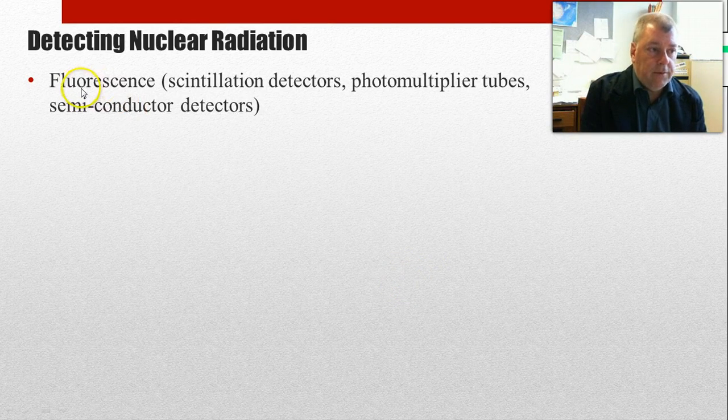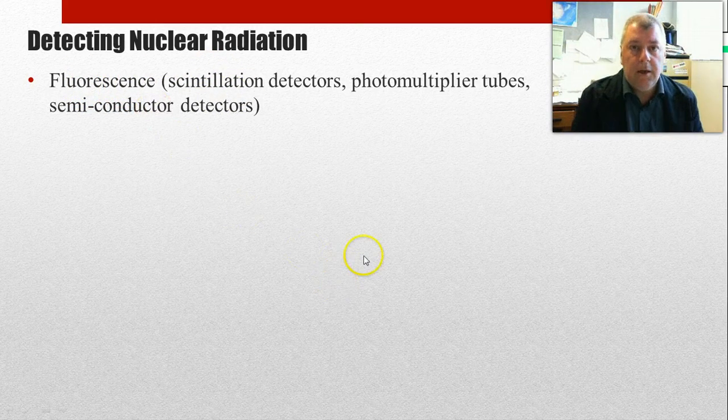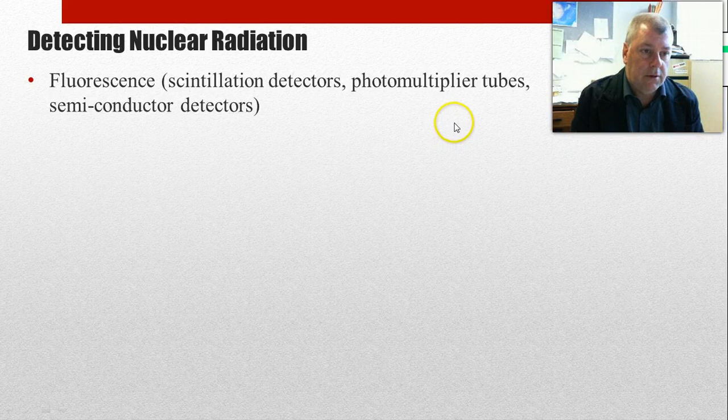We have the fluorescence techniques, which basically rely on the light being given off when beta or gamma radiation excite atoms, alpha to a lesser extent. Basically they're looking at light being given off as a result of radiation particles exciting atoms.